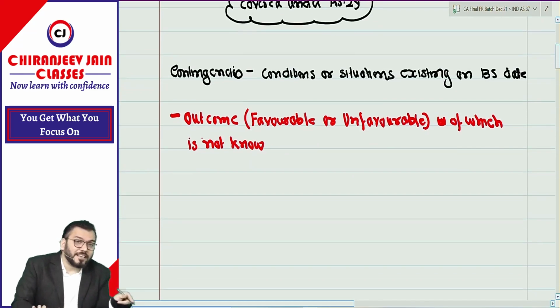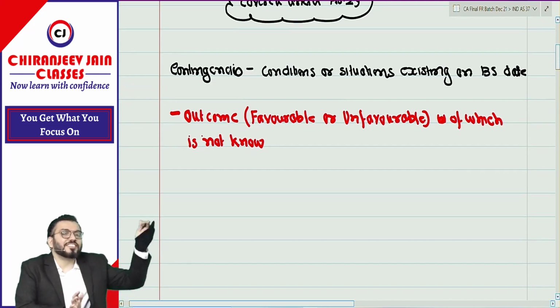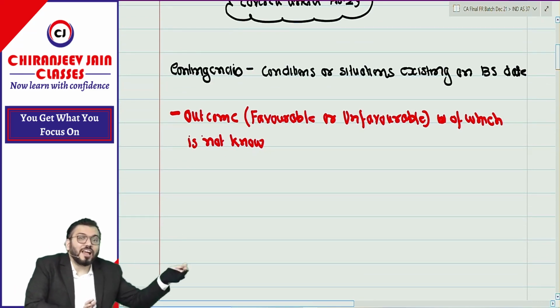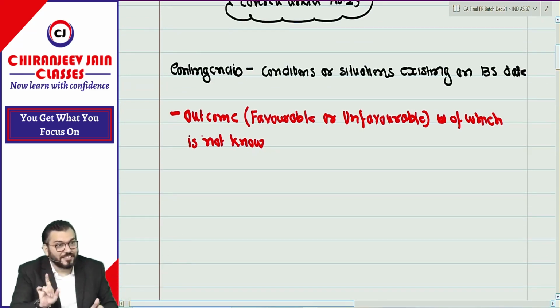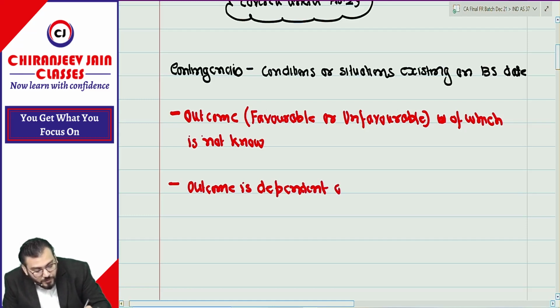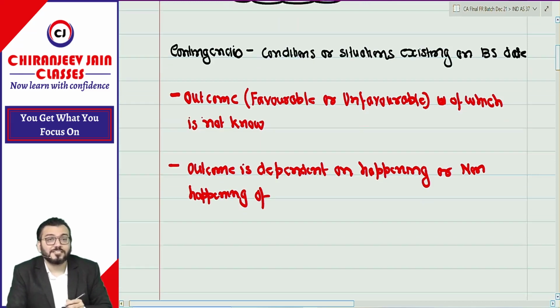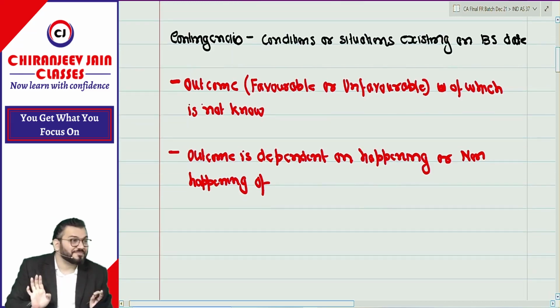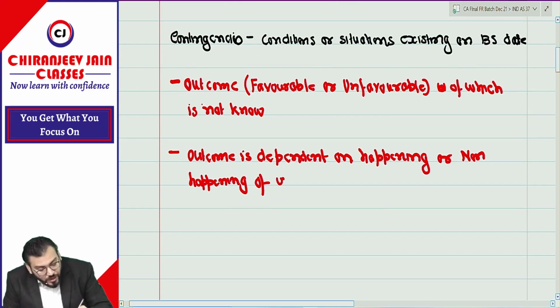And this outcome is dependent on happening or non-happening of an uncertain future event. Means the future event is uncertain.